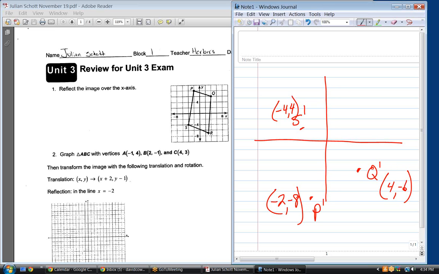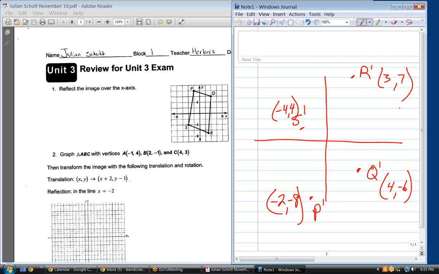Well, what's halfway? This one is 2, this one is 4, so halfway would be 3. This one is -6, this one is -8, so halfway in between is -7. So the coordinates on R are 3, -7. Therefore R prime would be 3, positive 7.